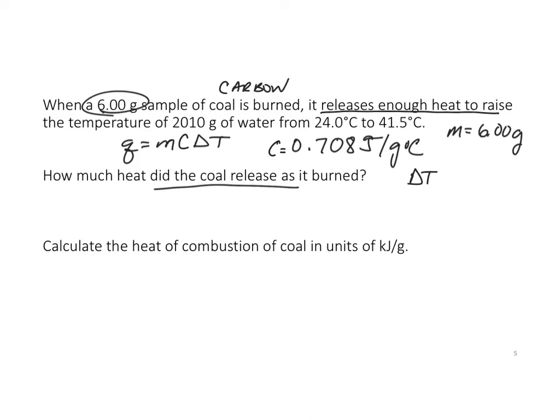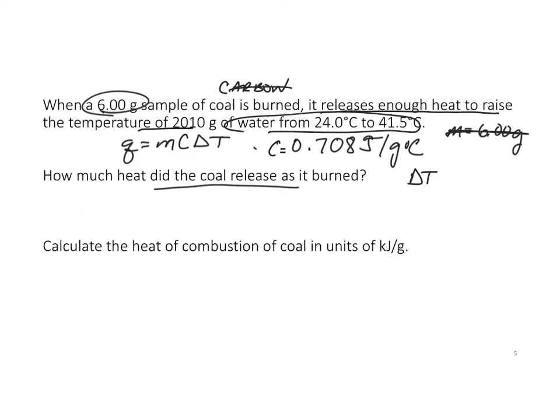Releases enough heat to raise the temperature of 210 grams of water. Well, the reason why I'm thinking this, okay, the mass, you don't need to use carbon here. So what's the water changing?